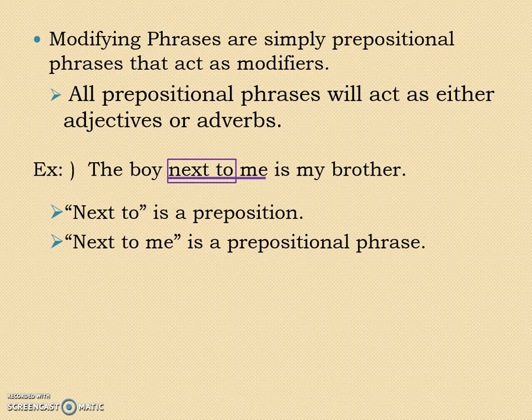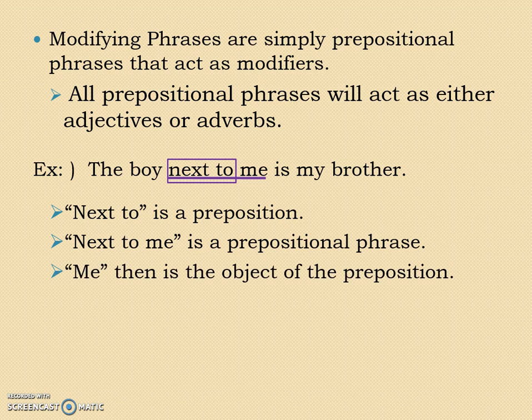Now, another rule about prepositions is that they must have an object to follow, a noun or a pronoun that follows the preposition and ends the prepositional phrase. In this case, we have the word me, and it is acting as the object of the preposition. It is a pronoun, and we will label it OP to show that it is the object of the preposition.